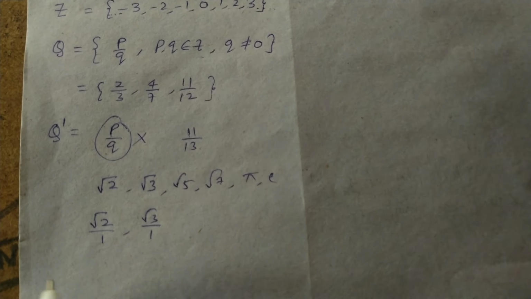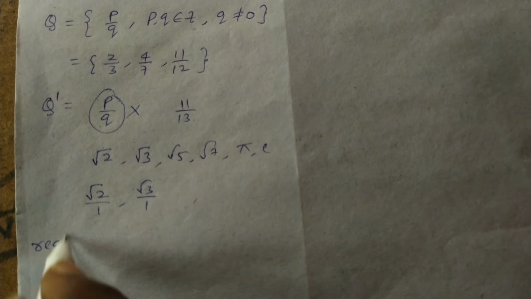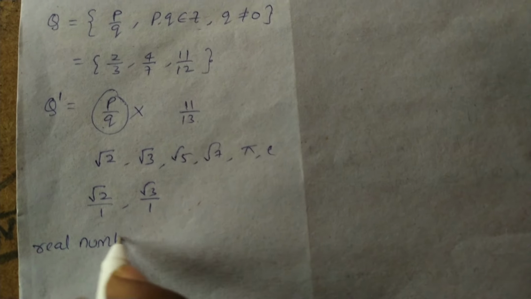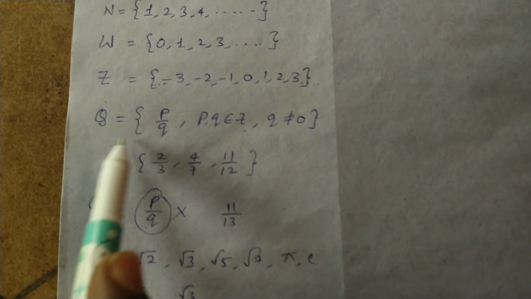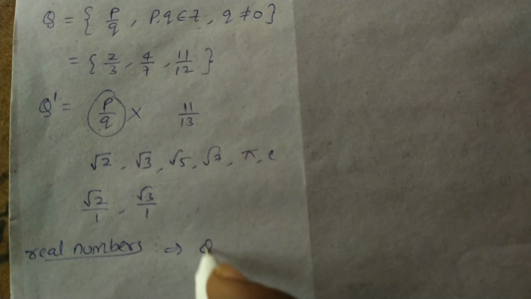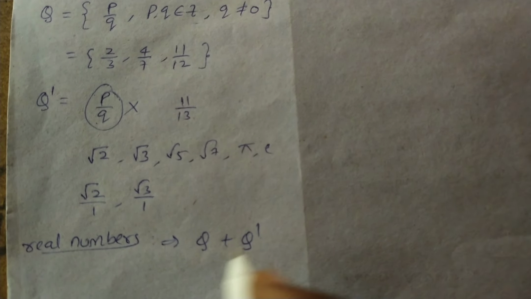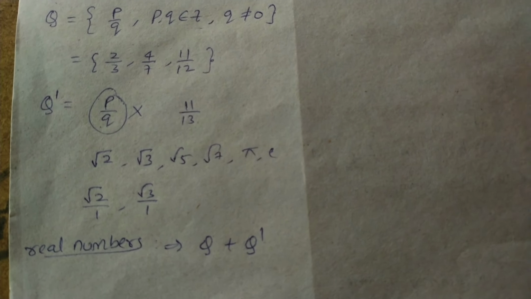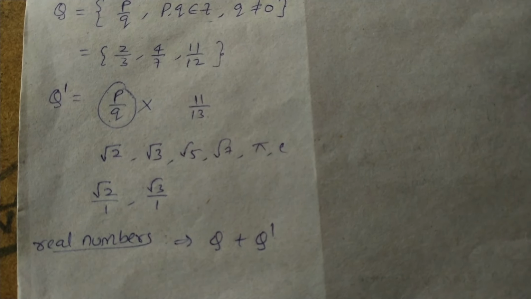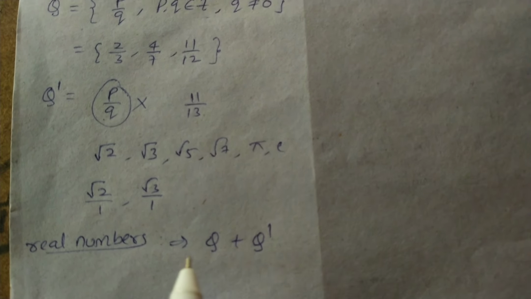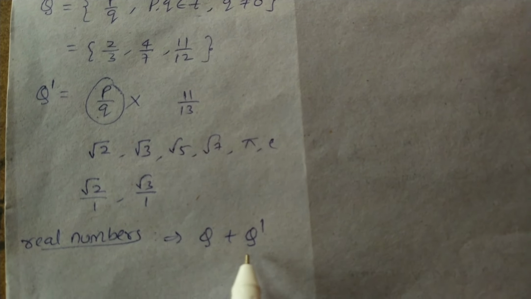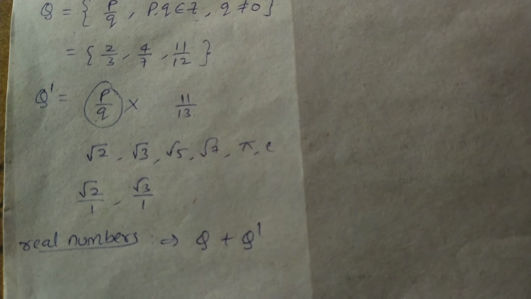Now the definition of real numbers: real numbers are just a combination of rational and irrational numbers. You can write the definition as: the combination of rational numbers and irrational numbers is called real numbers.